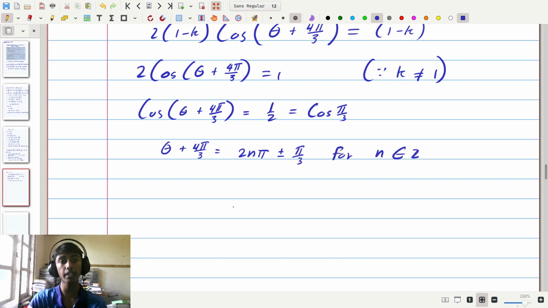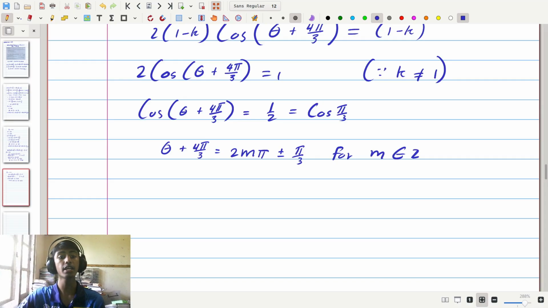Now in this particular case, since I used n above and in here also, I'm actually going to replace n with m, just for the sake of disambiguating between the two. So instead of n here, I'm going to write 2m pi plus or minus pi by 3, for m element of the integers.